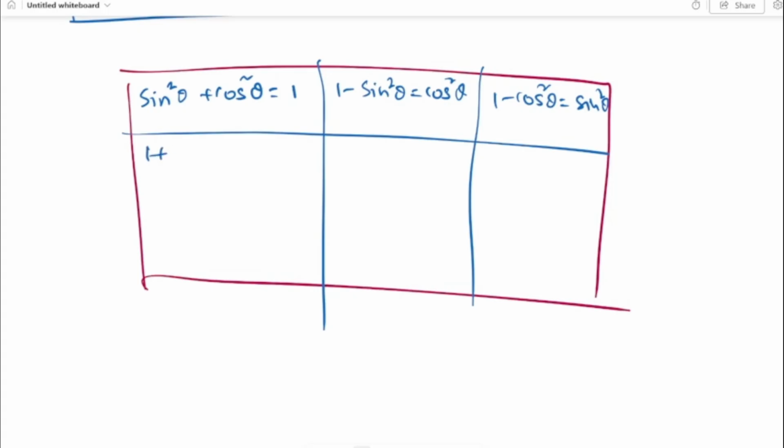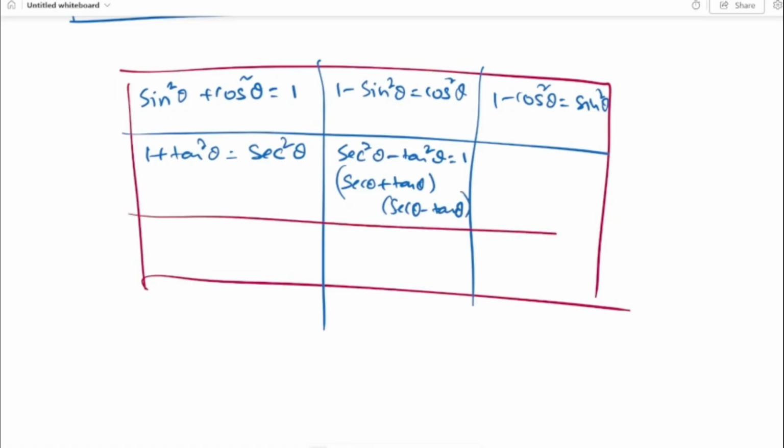Now 1 plus tan square theta equal to secant square theta. Right? Secant square theta minus tan square theta equal to 1. Okay, this is enough, I think. And obviously this a square minus b square, you can write as secant theta plus tan theta times secant theta minus tan theta.